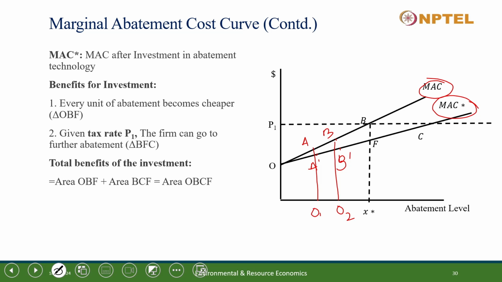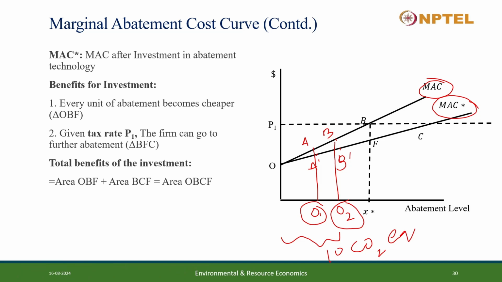So by adoption of, or investment in, new technology, there will be a cost saving: A dash to A and B dash to B. If you are reducing the emission by O1, your cost saving will be A dash to A. And if you are reducing the emission till O2, say 10 CO2 equivalent emission, then my cost saving will be B dash to B.